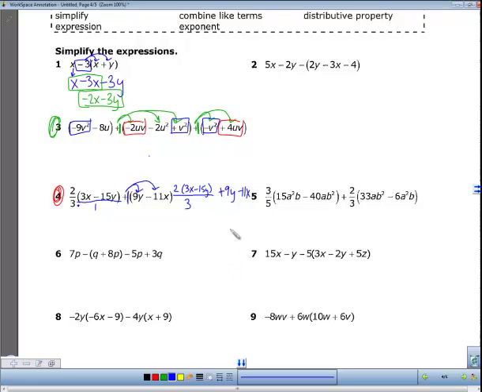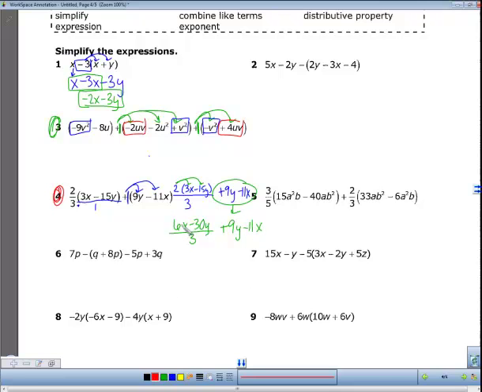So from here, I'm going to go ahead and distribute this 2 to everything that's inside the parentheses. When I do that, I get 6x minus 30y, all divided by 3. And then I just take this section and bring it straight down. So I have plus 9y minus 11x.